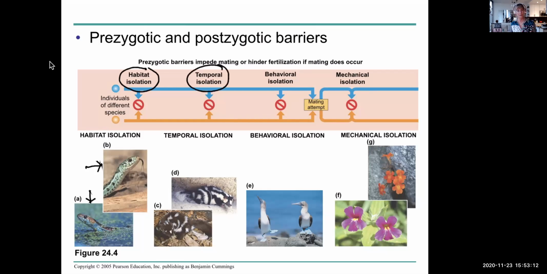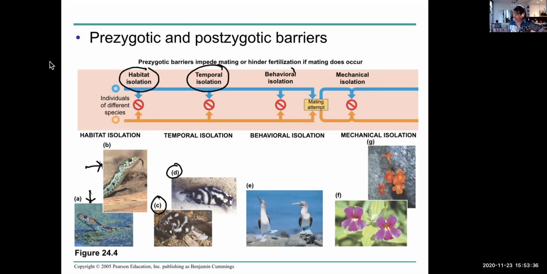So they're active during different times of day, or they may be in reproductive state in different times of the year. So seasonally, they may have different timing for reproduction. So these are two different badgers here, a nocturnal badger and a diurnal badger, diurnal being active during the day.